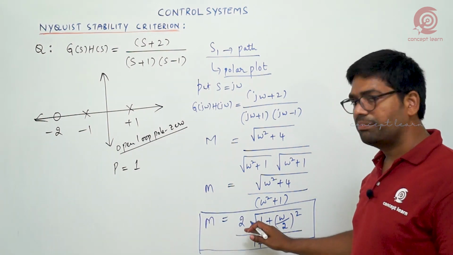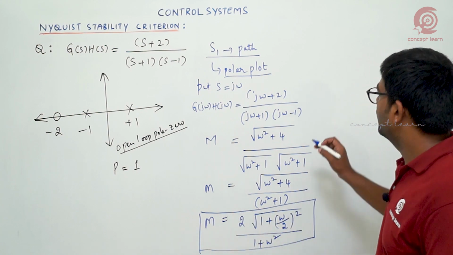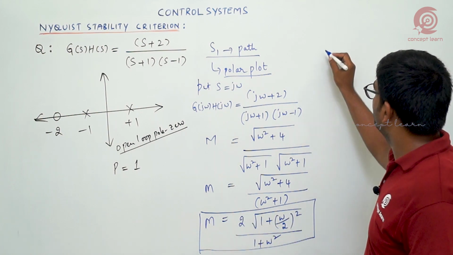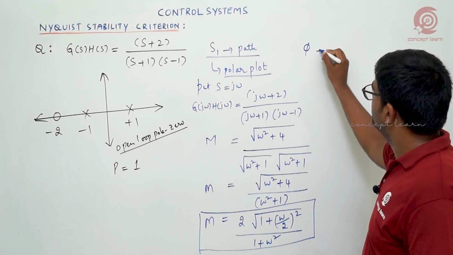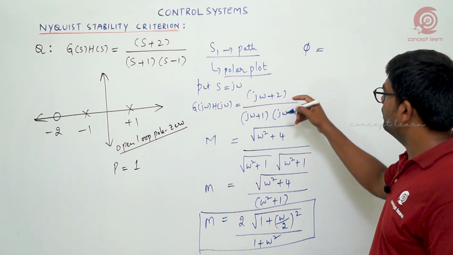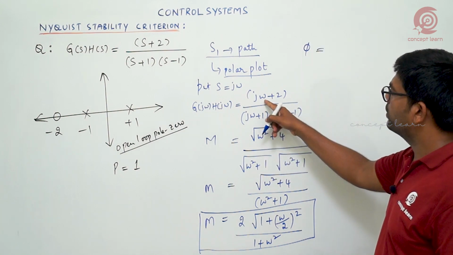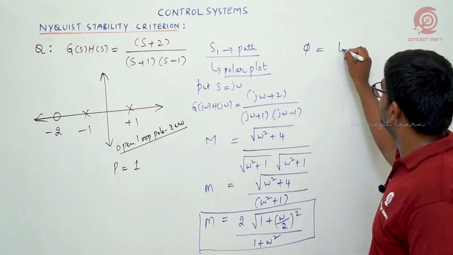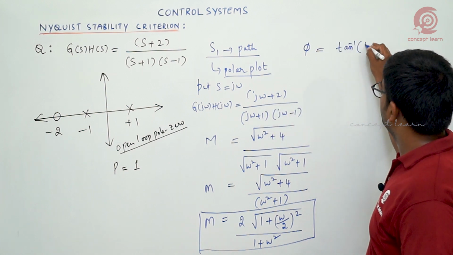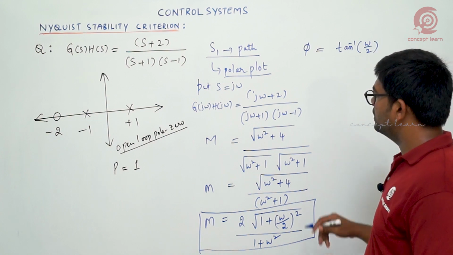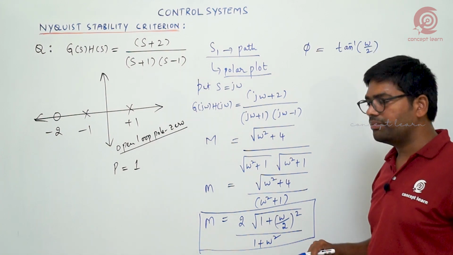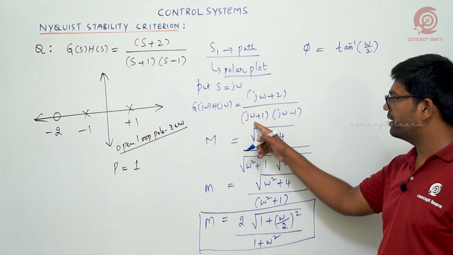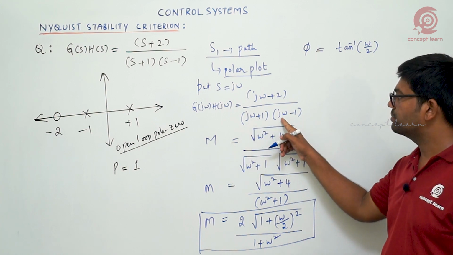So after having the magnitude, now when we calculate the phase angle, observe here. The numerator will be simply tan inverse imaginary part by real part, tan inverse omega by 2. But when you look into the denominator, if you expand it, j square means minus 1.